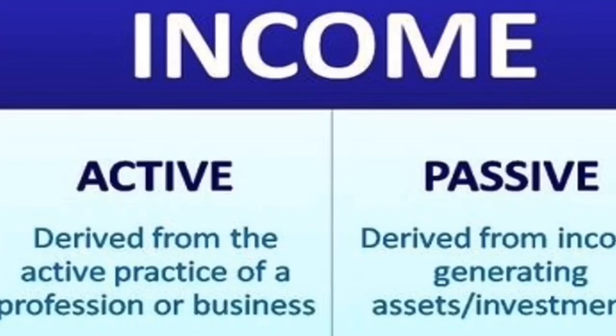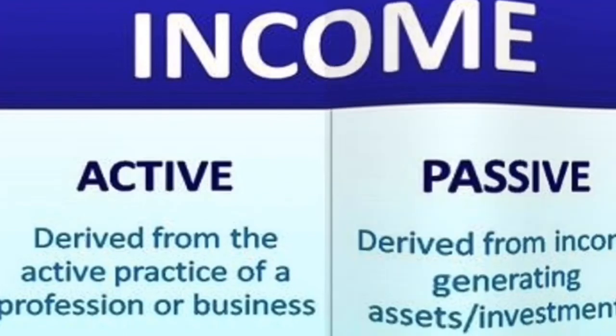There are two types of income. One is called active income, and the other one is passive income. Active income is a fixed amount that you receive every month. Passive income is when you use your income to do investment, and the investment will give you a return.